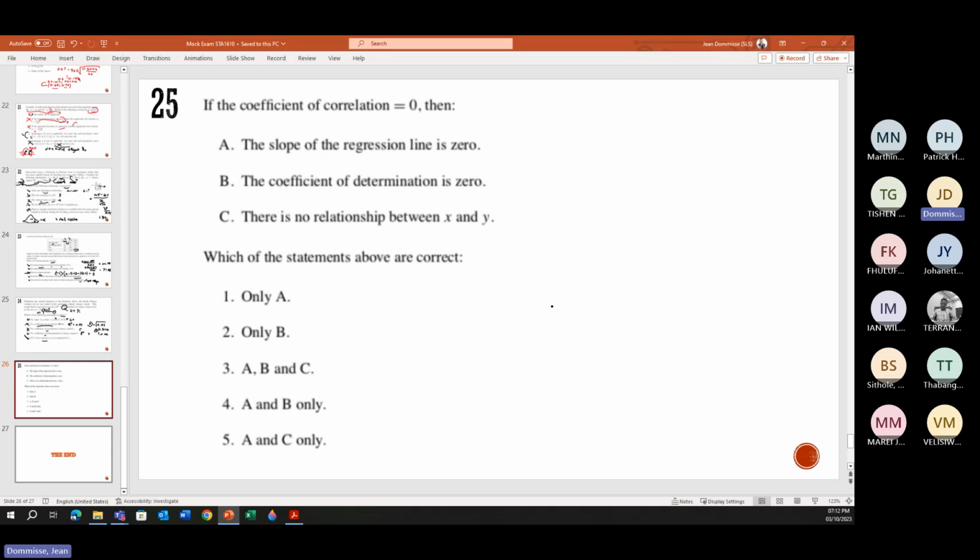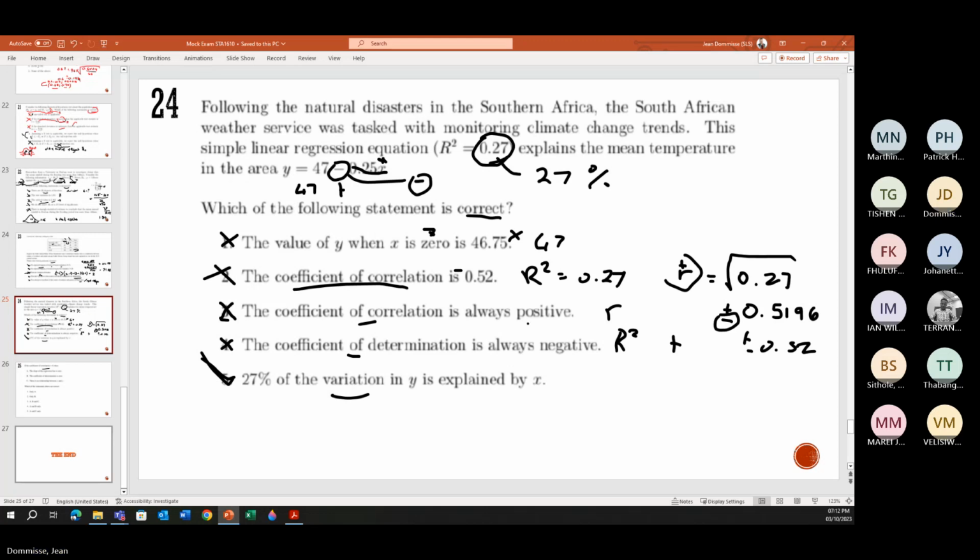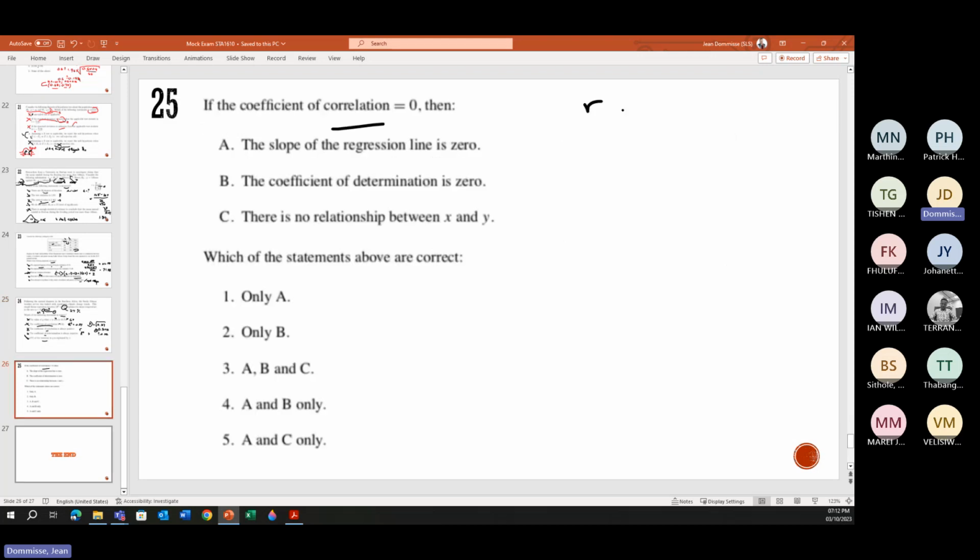Here they tell us if a coefficient of correlation is 0. The coefficient of correlation is R. So if R is equal to 0, the slope of a regression line is 0. Yes or no?